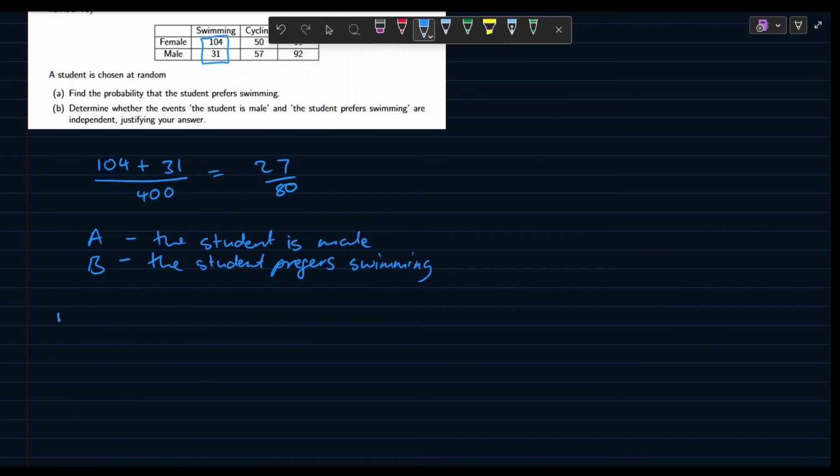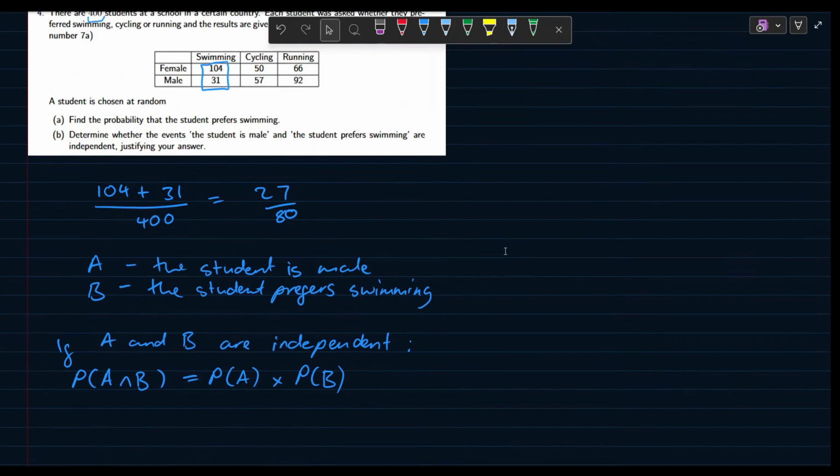If events A and B are independent, then it means that the probability of A intersection B must be equal to the probability of A times the probability of B. Alright, so we need to find all of these probabilities.